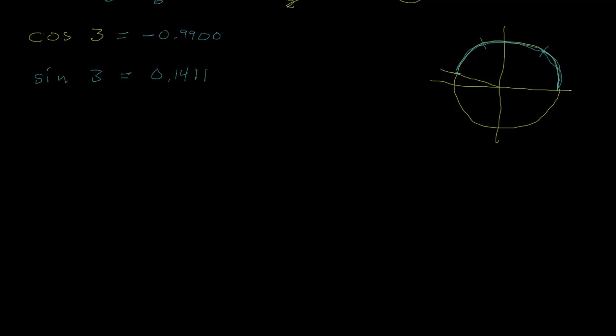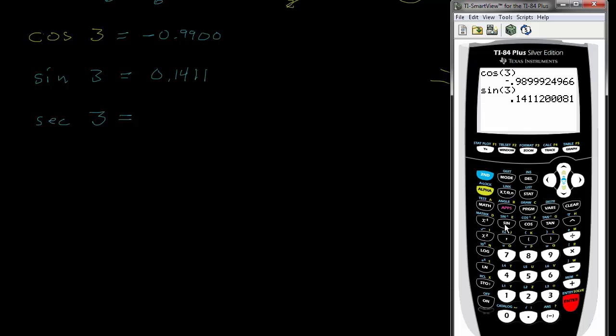Now, suppose I want the secant of 3. The secant is not showing up on it. That key does not exist on this calculator. It doesn't exist on many calculators. Generally you don't see secant, cosecant, or cotangent on a calculator. You just see sine, cosine, tangent.